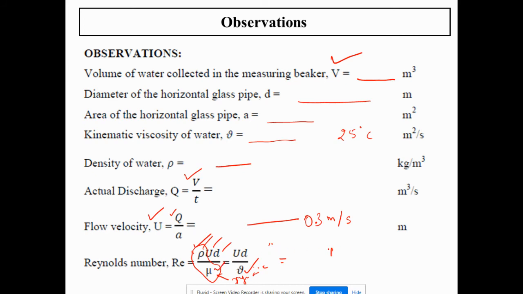Putting all these together, if you get a value of around 2000 or less, you can say the flow is laminar. If the Reynolds number is greater than 3000, you can say it is turbulent flow, with turbulent characteristics, and between these two you can have a transition.